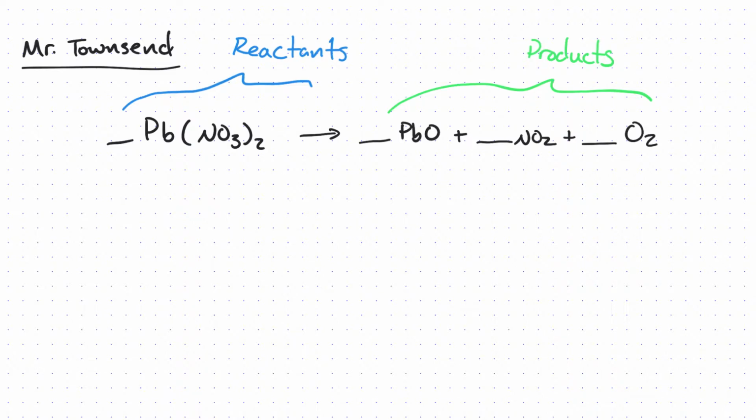Okay, so let's go ahead and make a list of our reactants first. I'm going to be listing out all of the elements that are present on this side. So we have lead, we have nitrogen, and we have oxygen. Now, over on the product side, I'm going to do the same thing. So I have lead, I have nitrogen, and I have oxygen.